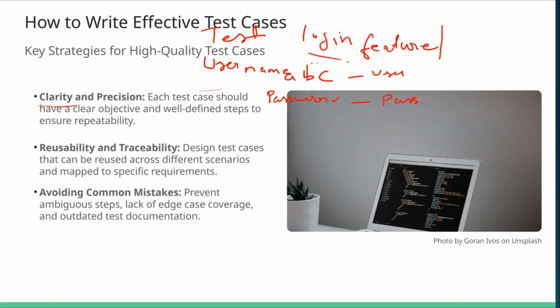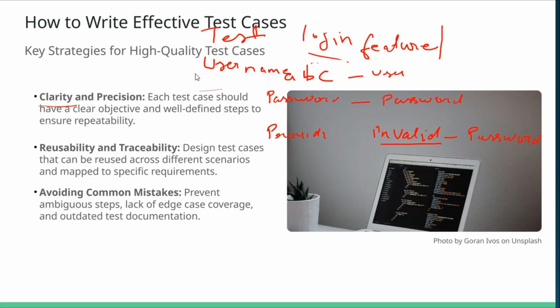The second step would be provide invalid password. So you see, this is a clear thing that you are providing an invalid password. That's how your test case should be. It should not be a vague thing like "test login functionality". That gives an overview, but it cannot be a test case.